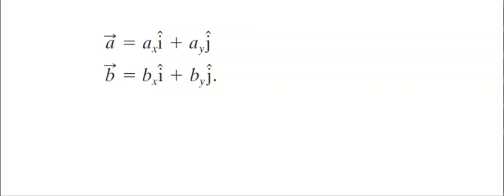In this example, we're rewriting vector A's x component, labeling that i hat, and vector A's y component, labeling that j hat. Now, the Ax and the Ay, these parts here, are known as the scalar components, or simply the components of the unit vectors.